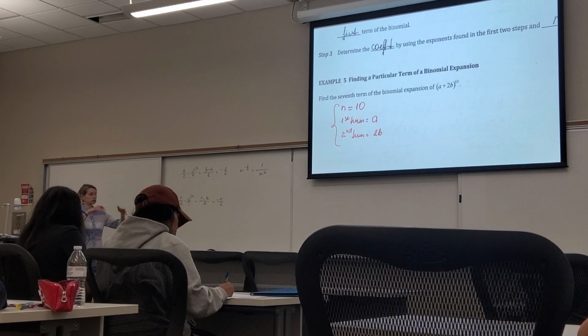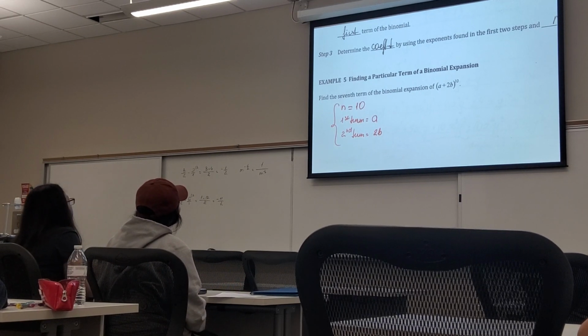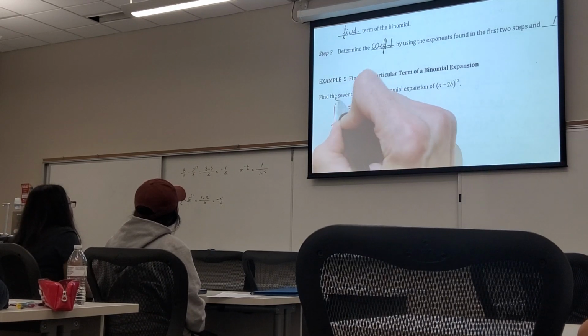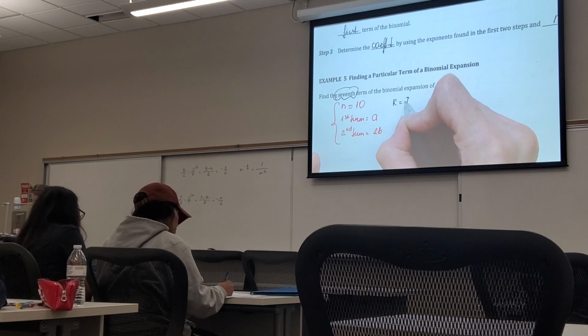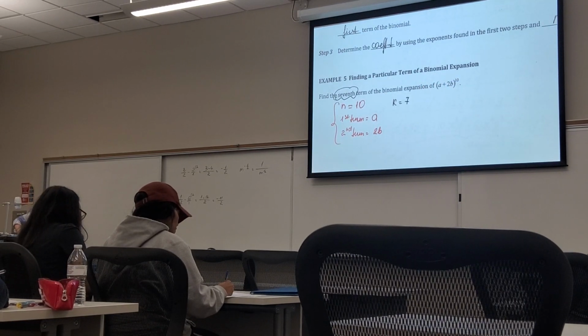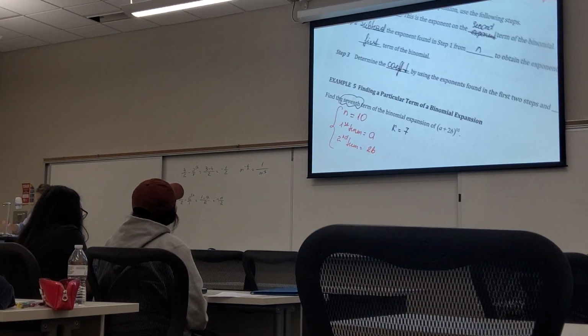Why is it important? Because when I say second term, you need to put parentheses around, then you need to raise it to the power, correct? And we are looking for what term? Seventh. Therefore, k equals what? 7. So this is my analysis.